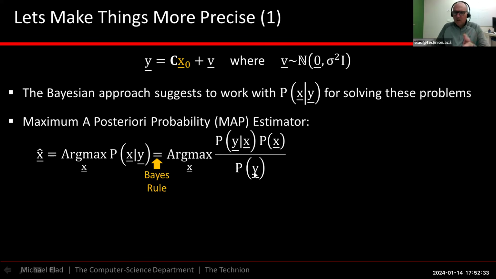It's a number, so we can omit it. And instead of maximizing the multiplication, I can also maximize the log of the multiplication, or minimize the minus log of the multiplication. This is exactly equivalent. So instead of maximizing the multiplication, I'm minimizing the sum of the logs with a minus sign.